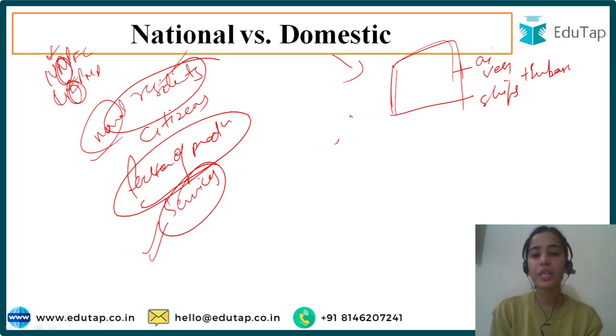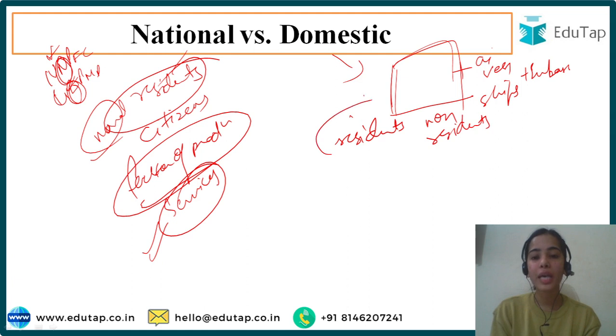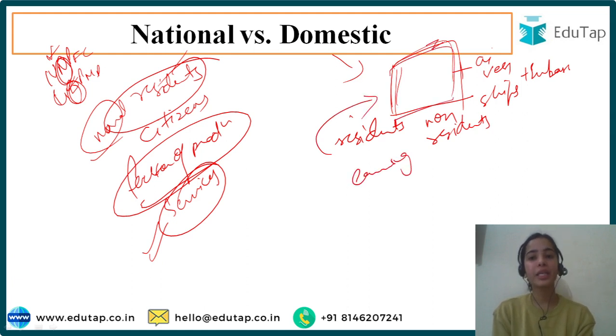So even if residents or non-residents are earning in our territory, in Indian territory, it will be said to be the product of India and added in the domestic. Domestic means whatever is being produced in our territory. Even if Americans or Japanese are producing it in our country, it will be called the domestic product because it is being produced in our country.